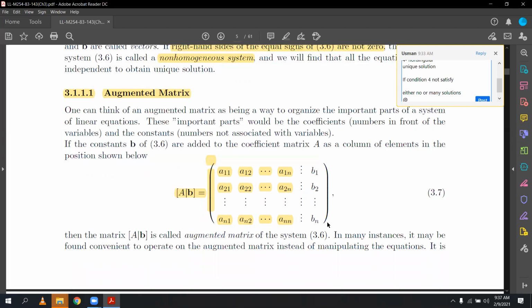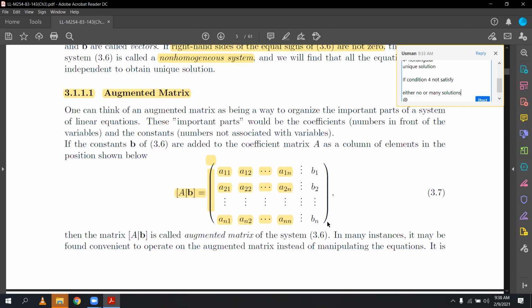Can anyone give me the size of this matrix, please? Let's see how good you are. What is the size of this matrix? How many rows do we have, please? N rows. Yes.